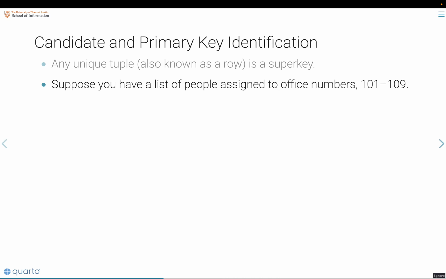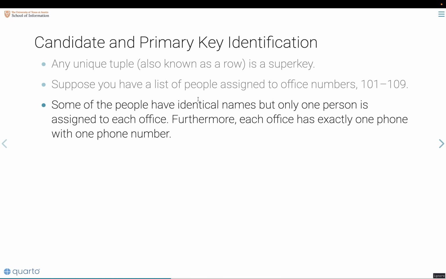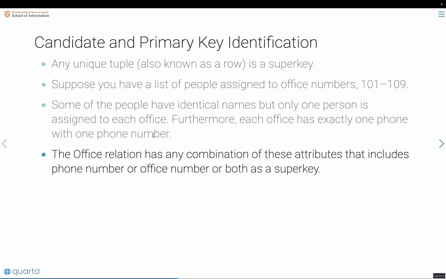So let's suppose we have a list of people assigned to office numbers, rooms 101 to 109. And some of the people have identical names, but only one person is assigned to each office. And each office has exactly one phone in it with one phone number. And the office relation has any combination of these attributes that includes phone number or office number or both as a superkey.